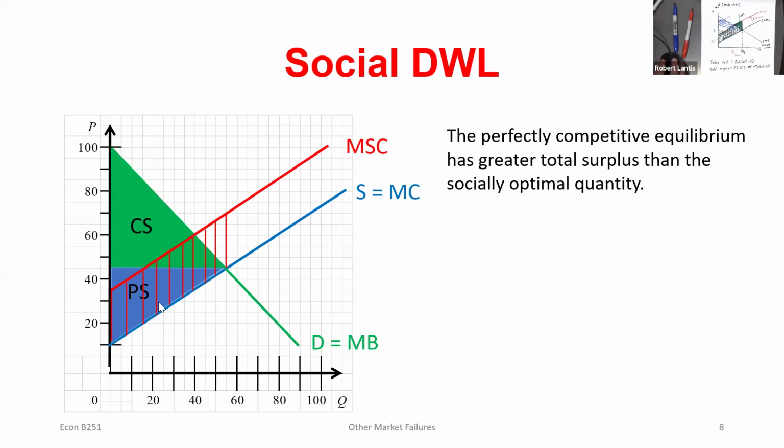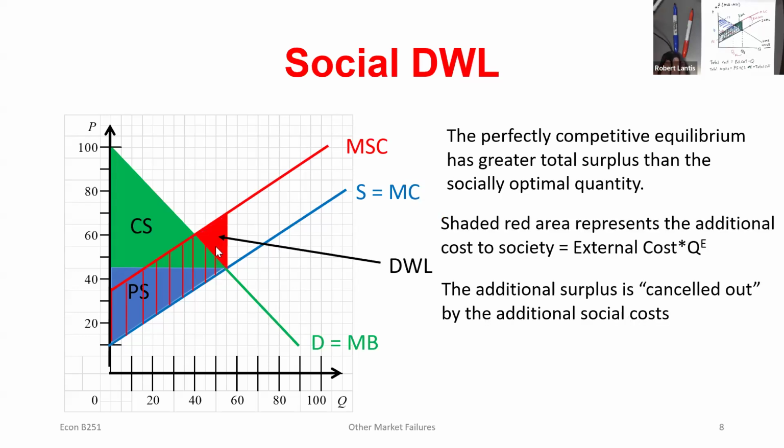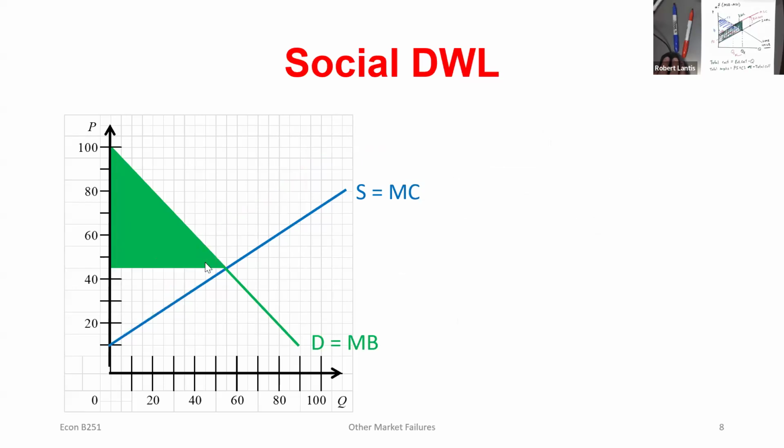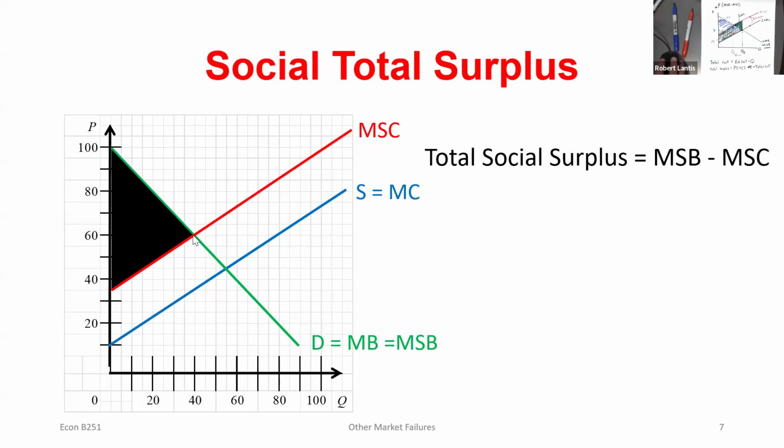There's some additional surplus to consumers and producers, but there's an additional cost to society. What area is there nothing to cancel out? It's going to be this little triangle here. That would represent our deadweight loss. Or another way of thinking about that, why is that deadweight loss? Because before, if we were at the socially efficient quantity, here was total surplus.